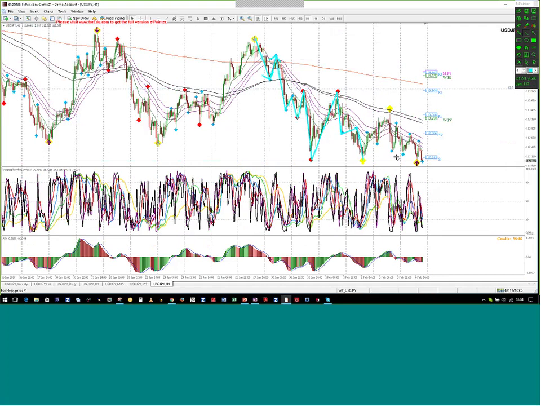So the blue semaphores show you ends of trends. The red semaphores show you ends of trends of a slightly bigger nature. The yellow semaphores show you ends of trends, even bigger moves.